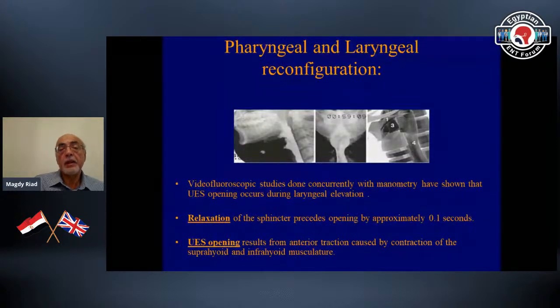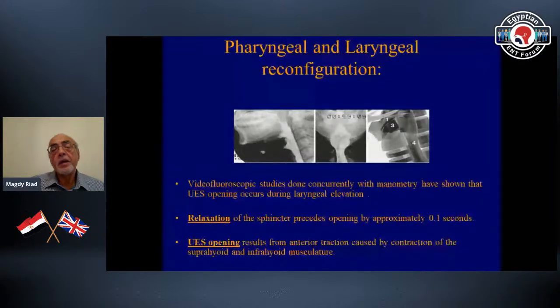And we'll see later that this differentiation between the actual relaxation of the valve and the opening is important in selecting the treatment modality. Relaxation is different from the opening and should precede it.